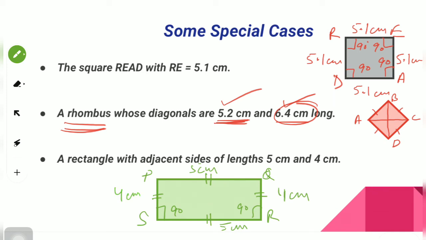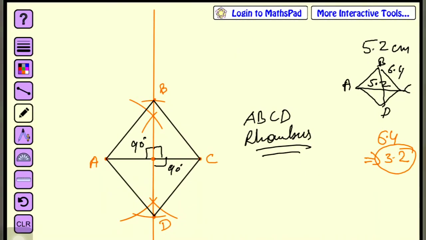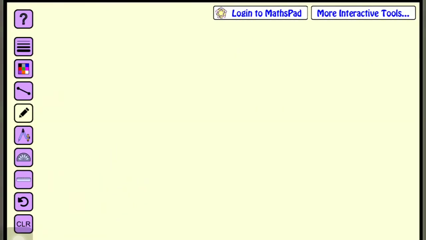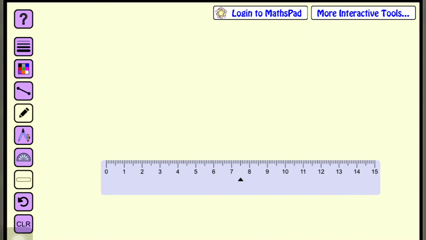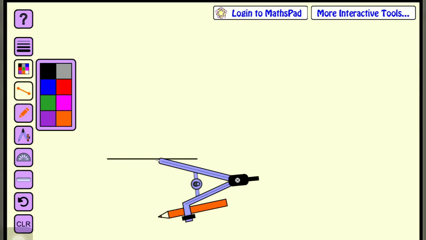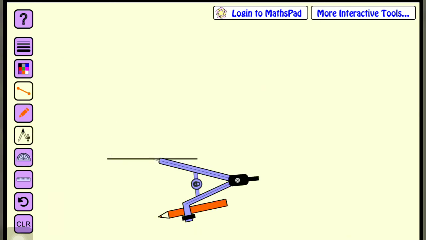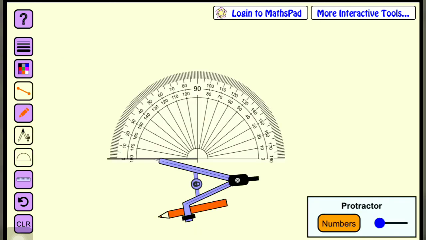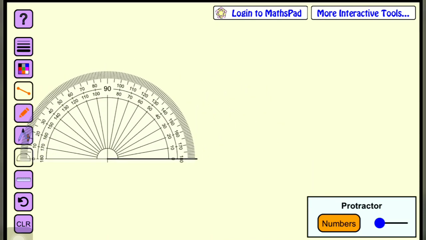Fine. So we will construct this in the same way as we constructed the square earlier. So let us start the construction of this quadrilateral, that is a rectangle. First of all, we will take the scale and make a line of 5 centimeter. Now we will take the compass, or we can take the help of a protractor also, and mark the point for getting the angle of 90 degrees.